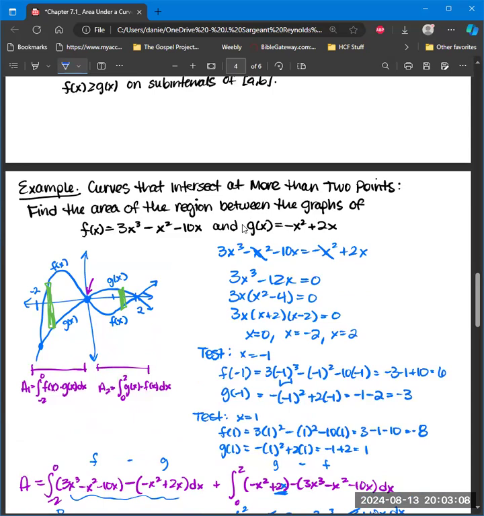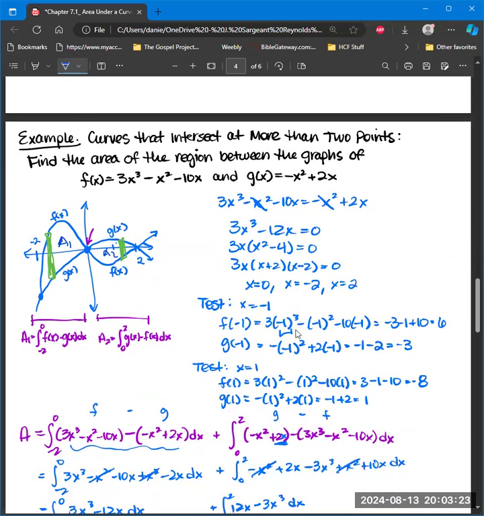For example, we're going to have area 1 here and area 2 here, and in area 1, f of x is greater than g of x, and in area 2, g of x is greater than f of x. So if we did not have this picture, we would have to find the points of intersection here and then test the regions to see which one was bigger.